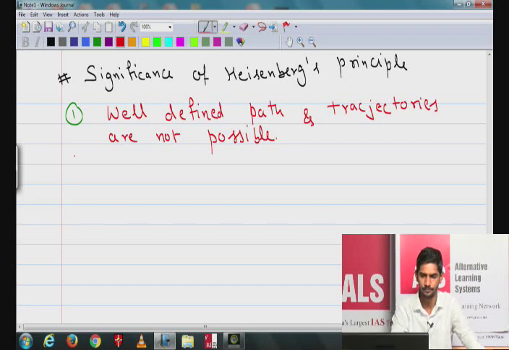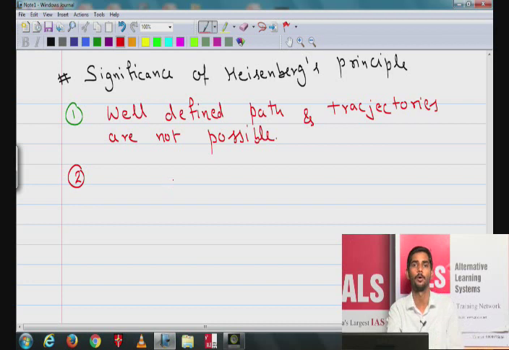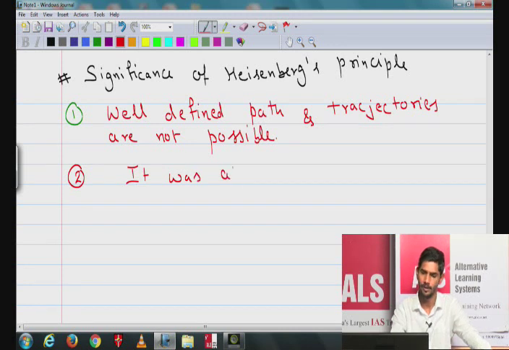Second, it was applicable to microscopic objects only. Microscopic means which are very, very small.